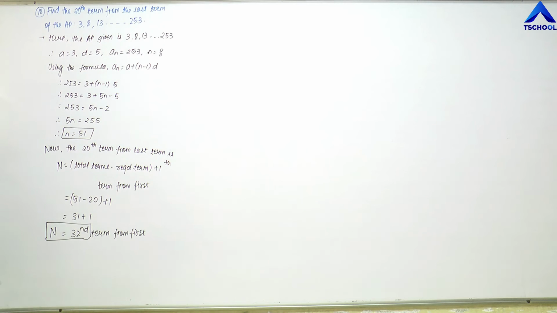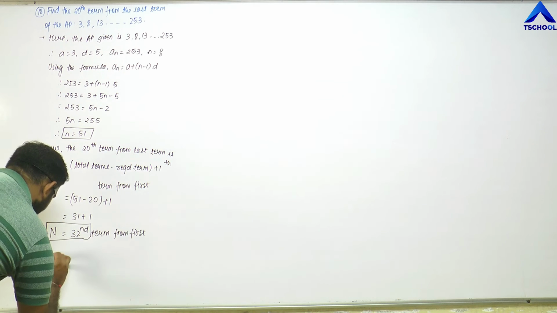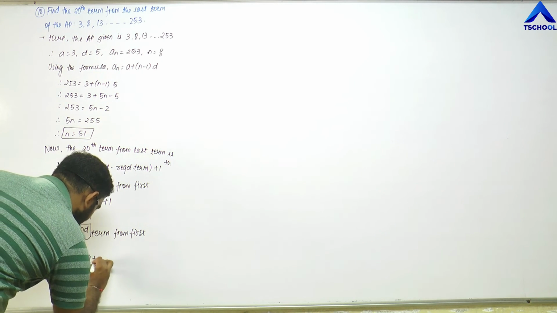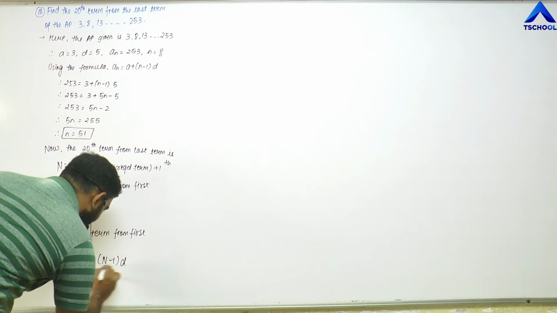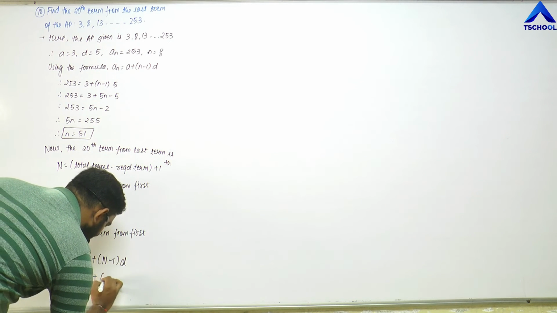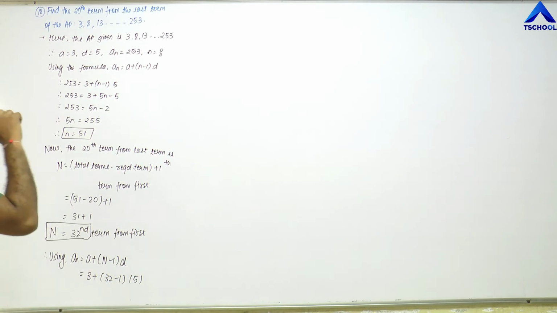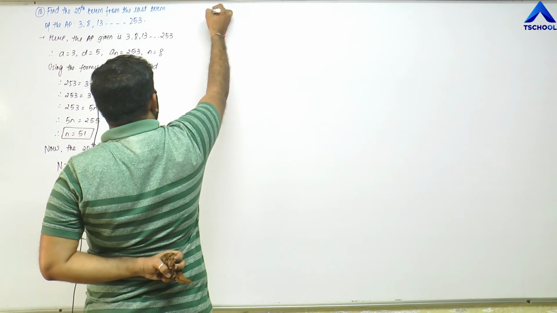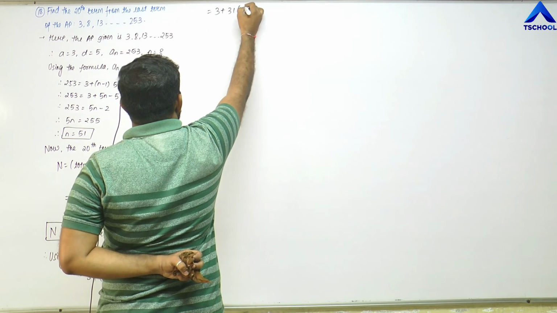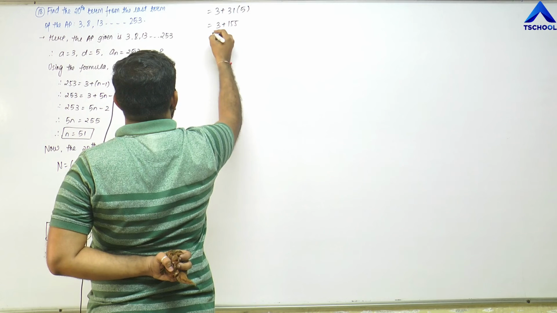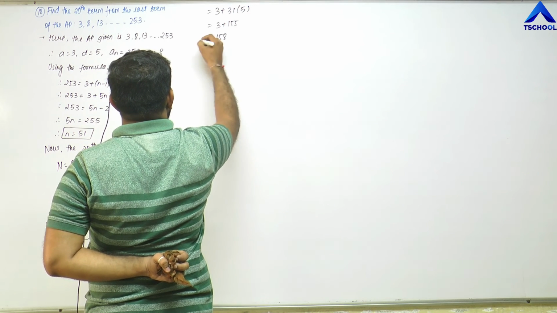N as 32. Now we require this term, so we shall apply again the formula. Therefore again using AN equal to A plus N minus 1 into D, that is 3 plus 32 minus 1 into 5, that is equal to 3 plus 31 into 5, which is equal to 3 plus 155, which is equal to 158.